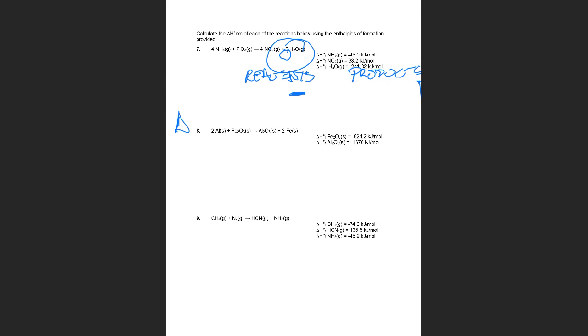So the standard enthalpy of reaction, I'm going to need more space than that, is, I'm going to erase everything and start fresh because I'm going to need some space.